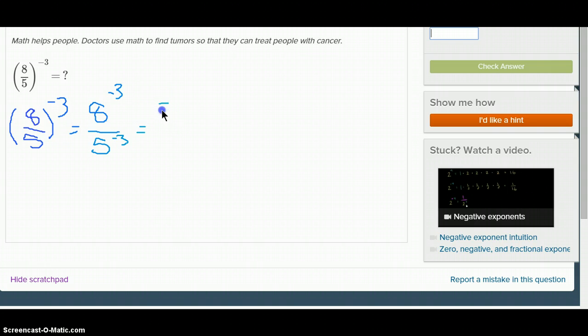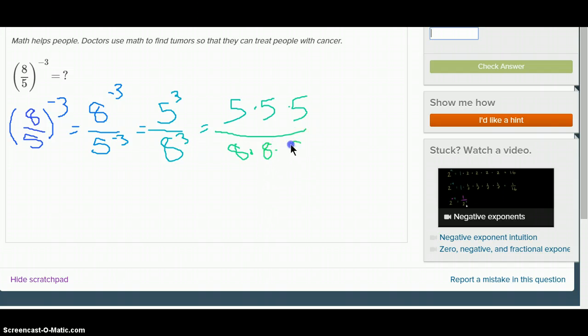So that's the same as 5 to the 3rd over 8 to the 3rd. Alright, and this is the same as 5 times 5 times 5 over 8 times 8 times 8.